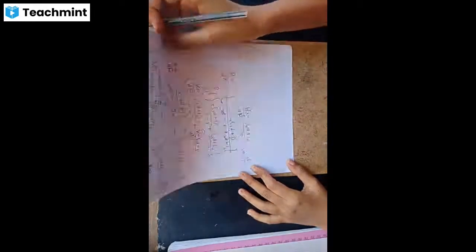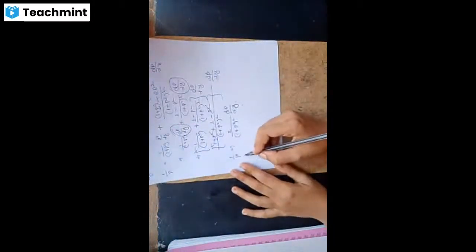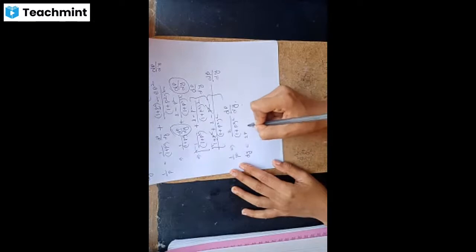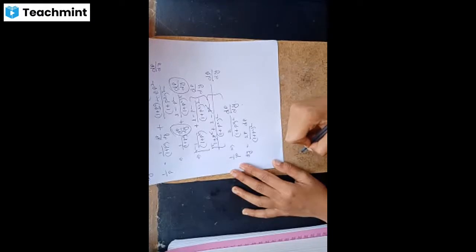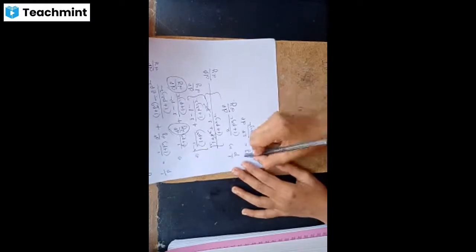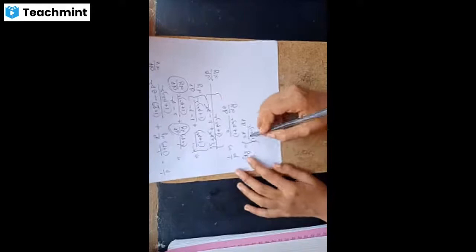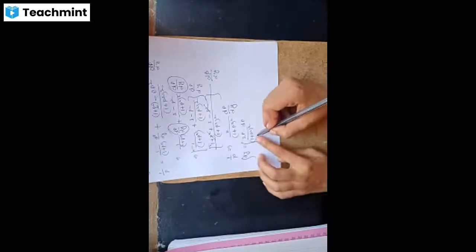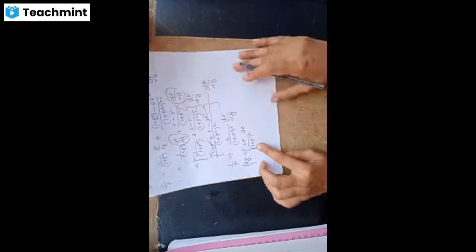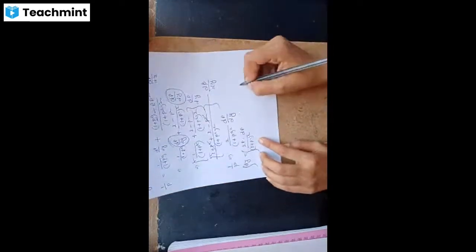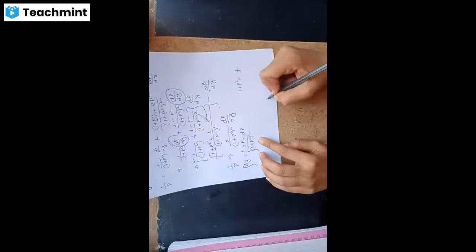Now separate the terms. Cross multiplying, dy is equal to 2p dp divided by 1 plus p square whole square. Now apply the integration method. Integration of dy is equal to integration of 2p divided by 1 plus p square whole square dp. Now I am substituting 1 plus p square equal to t.